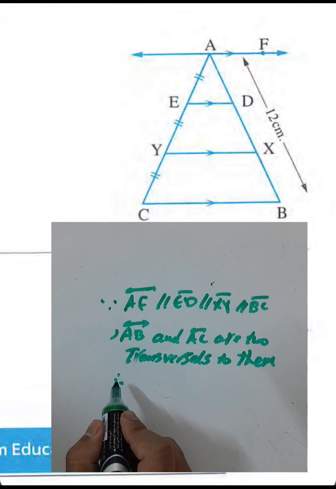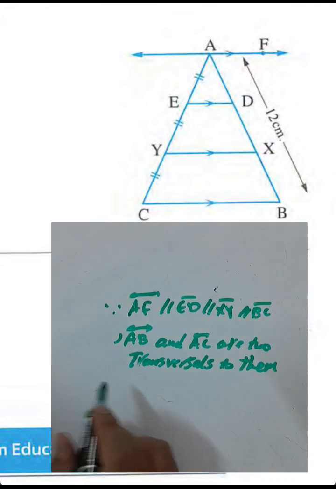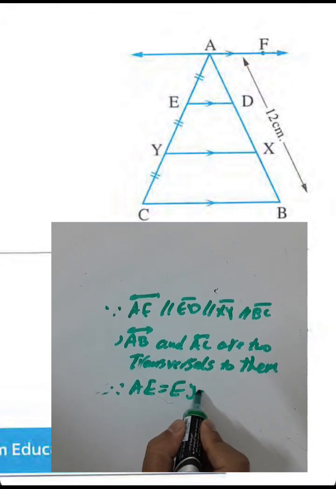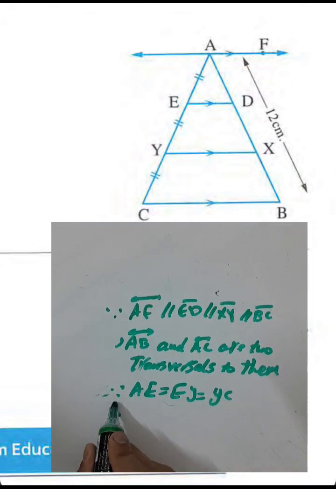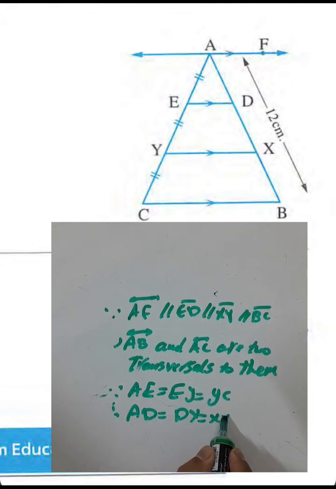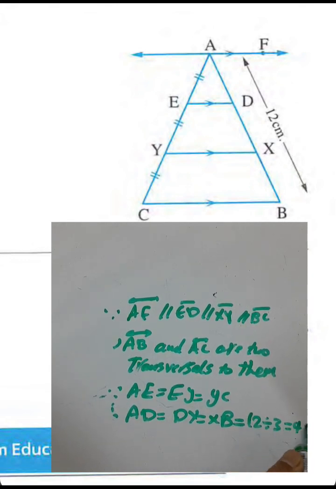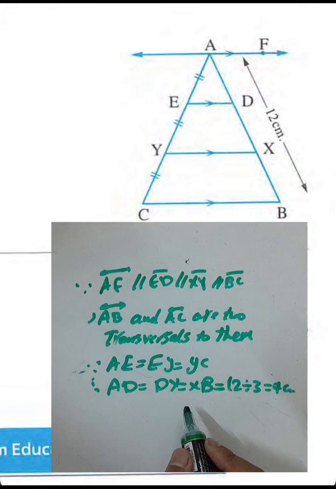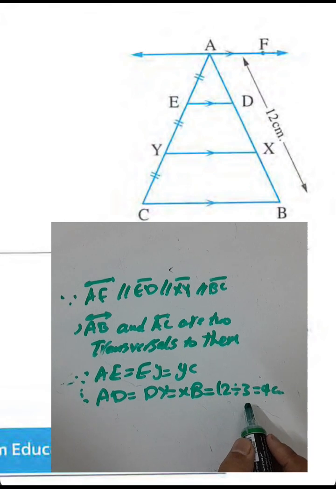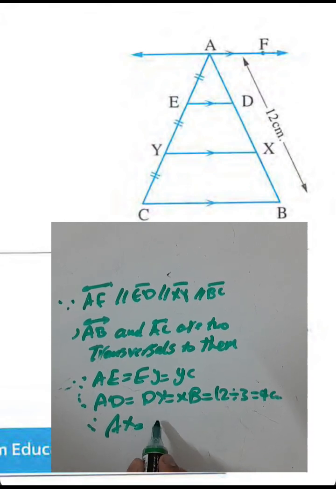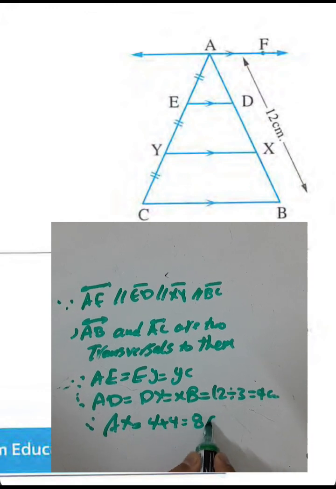Then, such that first AE equals EY equals YC, then ED will equal DX equals XP, which equals 12 divided by 3 equals 4 centimeters. Each one of them equals 4 centimeters, 4 and 4 and 4, because 12 divided by 3 equals 4. Then we can find AX. AX will be 4 plus 4 equals 8 centimeters.